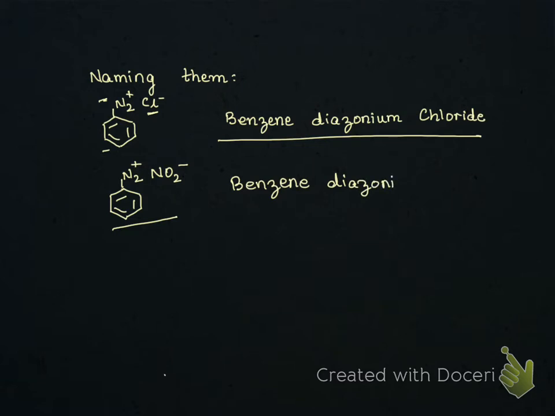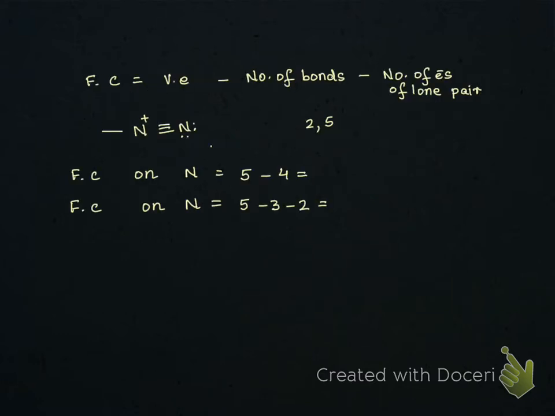Now, some of you may be having a doubt still as to why we are writing a positive charge on the nitrogen. I'm going to go back to the concept of Lewis structures. If you remember, in one of my previous videos, I have given you a very simple way of drawing the Lewis structures and calculating formal charge.